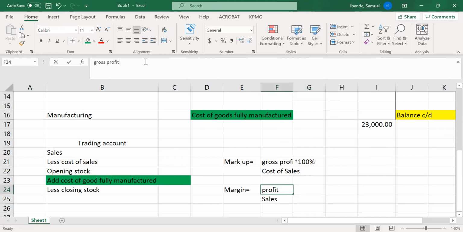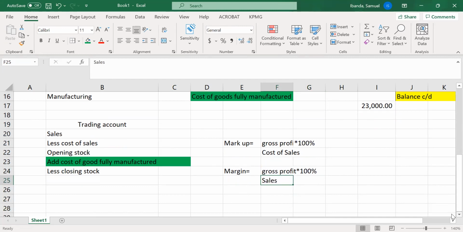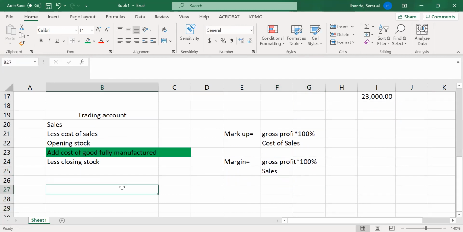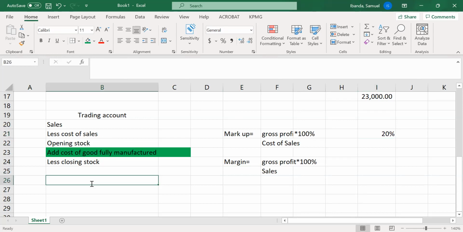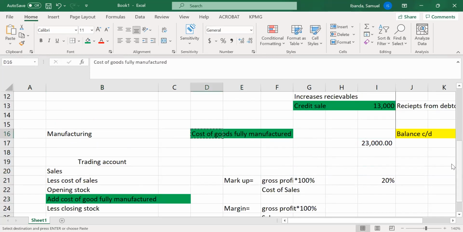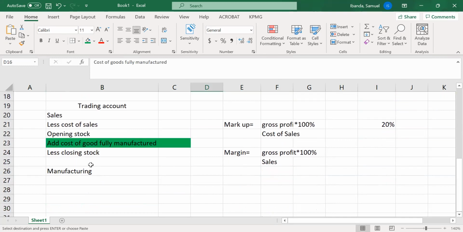So what exactly happens is that in most cases here, the examiner will give you the percentage, okay? For example, we'll say that maybe company ABCD transfers its goods at a markup of, let's say, 20%, okay? So it means that after getting from your manufacturing account that so-called cost of goods fully manufactured, you would then add a markup.